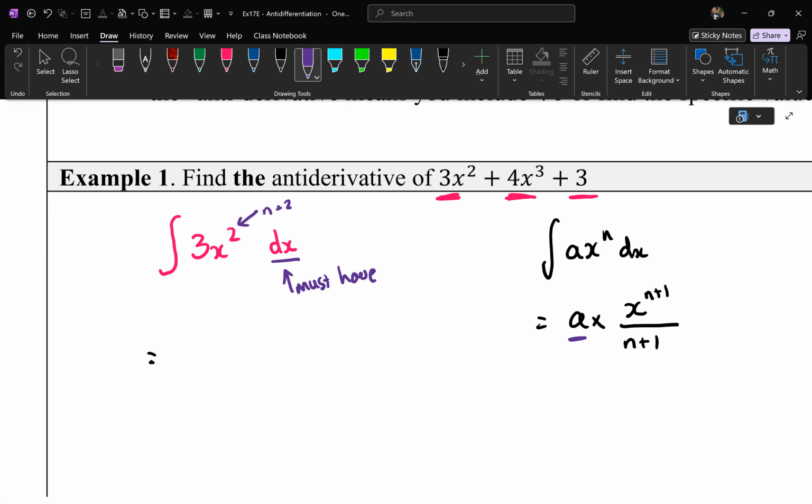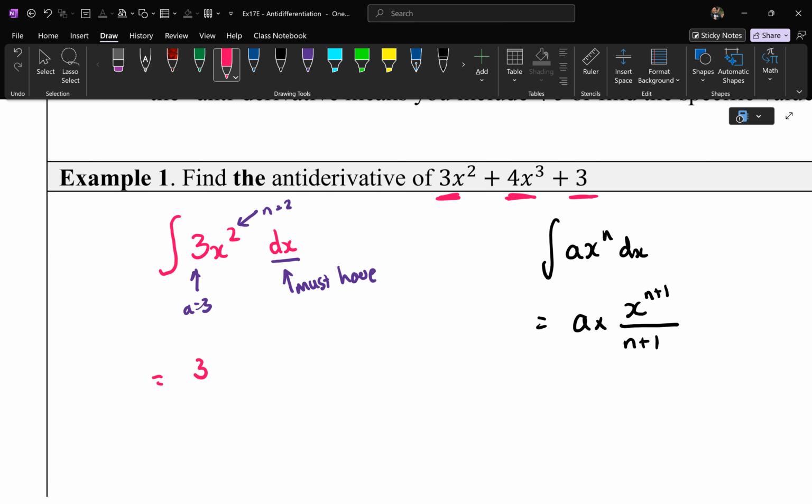So here's my n. N equals 2. A is 3. Okay? Now, according to the rule, A still is the same. I know the formula was up here. Whether it's up here or whether you write it out here means the same thing. I'm just separating it so you can see. So A is still there.